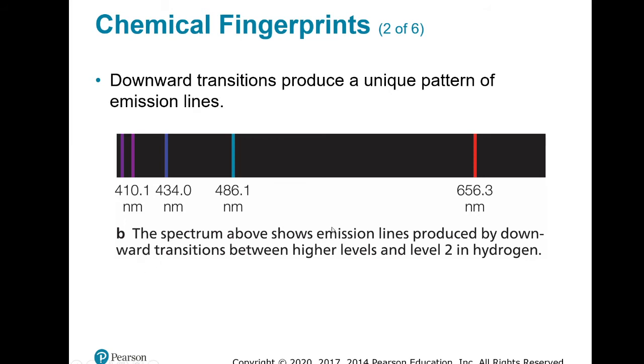So for instance, this is a hydrogen emission spectrum, right? So we're going to see these bars that we see, each one of these is called an emission line, and they correspond to a specific wavelength of light.